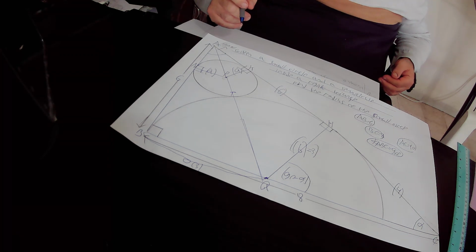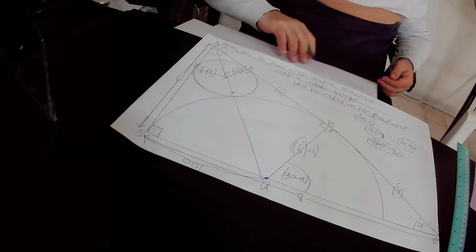The angle bisector of this angle A must pass, of course, for point A. So I write it down.